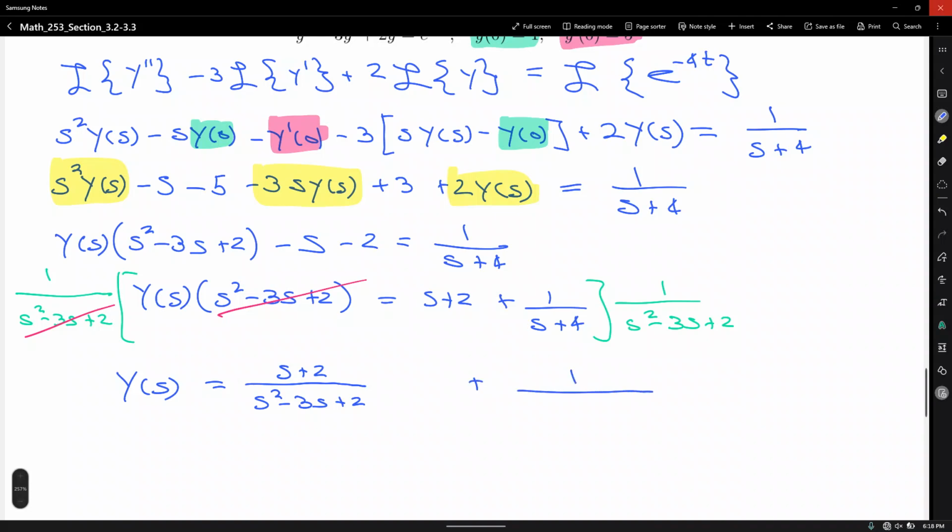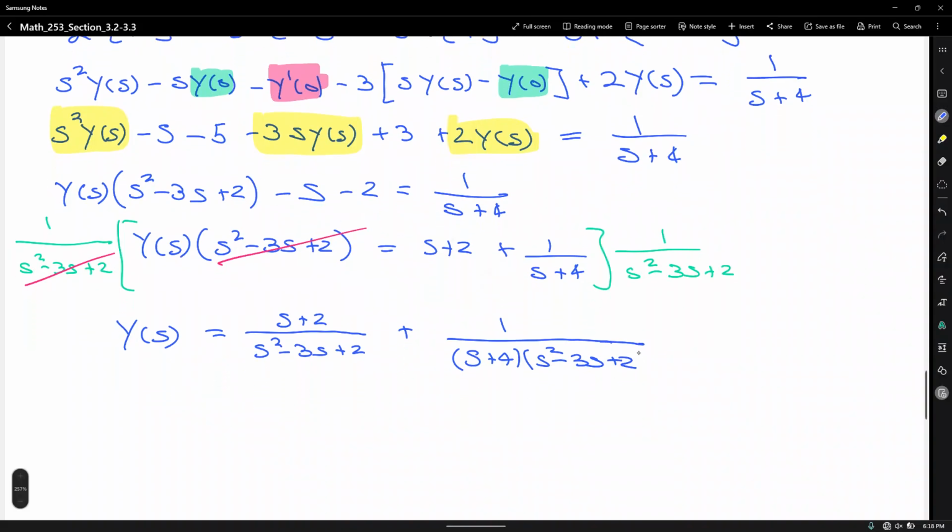Plus 1 over s plus 4, multiplying across. Well, actually, no need for this extra step. So s plus 4, s squared minus 3s plus 2. All right.